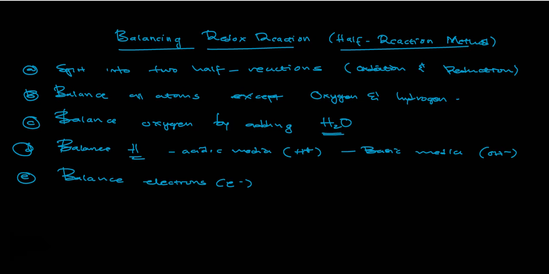Let's say, for example, on the positive side we have 3 electrons, and on the other side we have 6 electrons. How are we going to balance this? This means we are going to multiply.